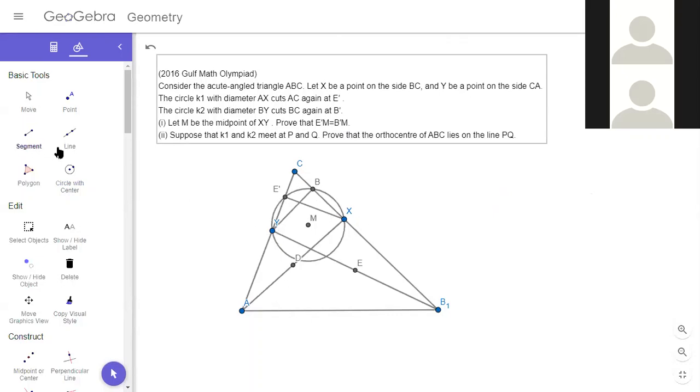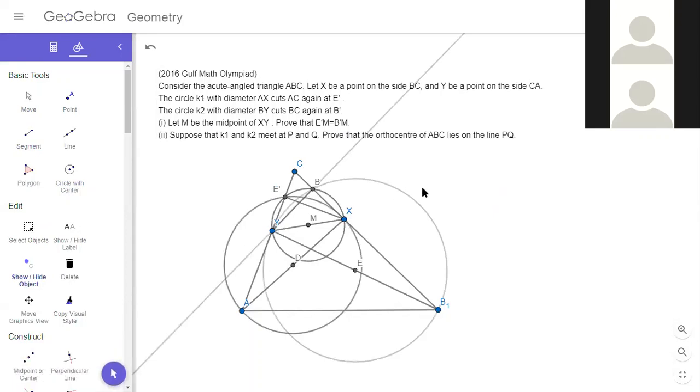So that's cyclic with center M. But let's see the second part. Suppose that K1, okay, so we do have to draw those two circles. So suppose they meet at P and Q. So we want to show the orthocenter of ABC lies on the radical axis of those two circles.